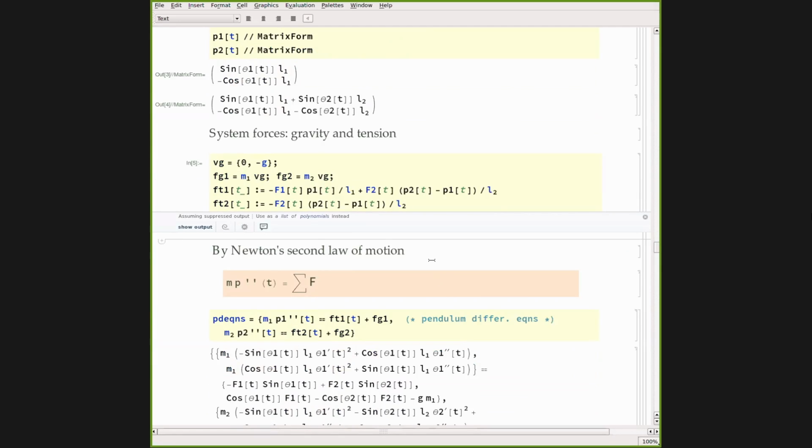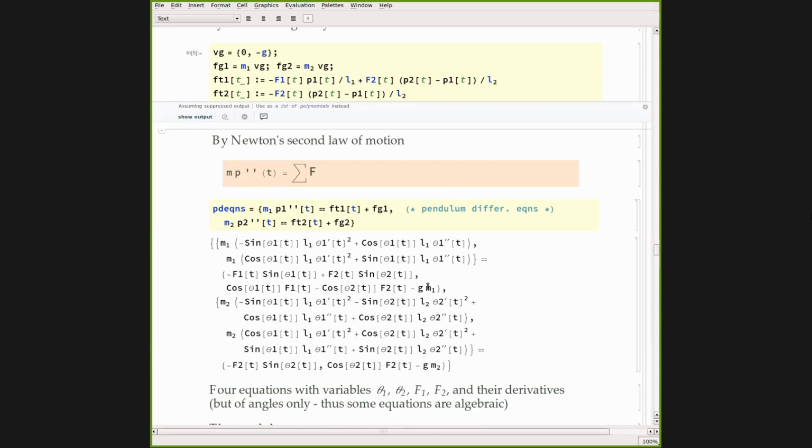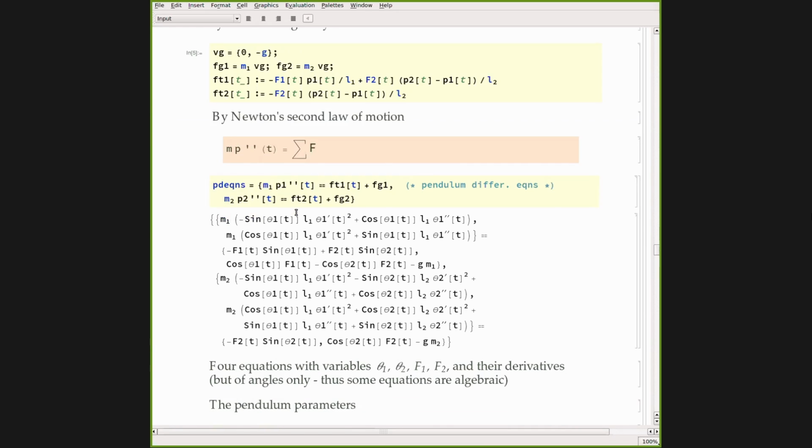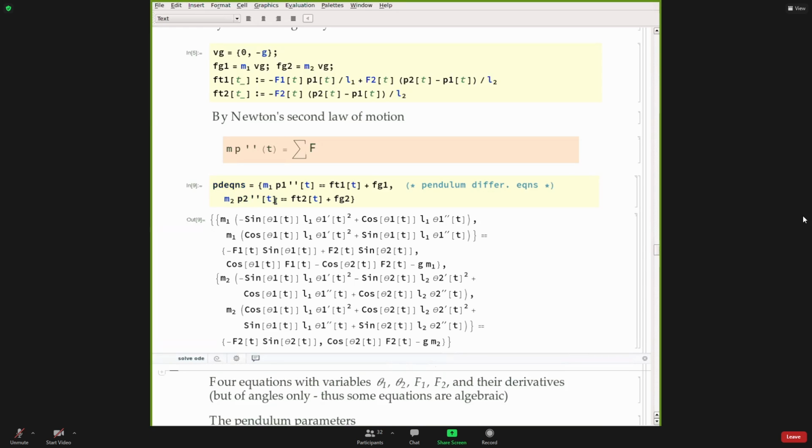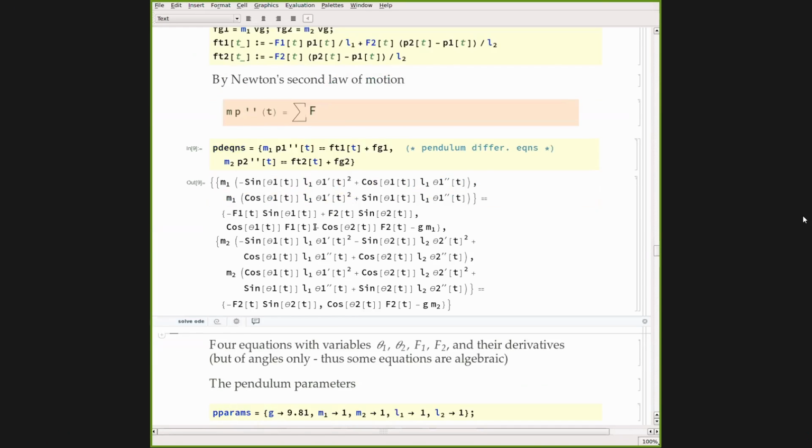And next, using the second law of motion by Newton, we obtain the pendulum differential equations, the differential equations which describe the behavior of the pendulum. So we write this equation for mass 1, for mass 2, and then we get what you can see below.